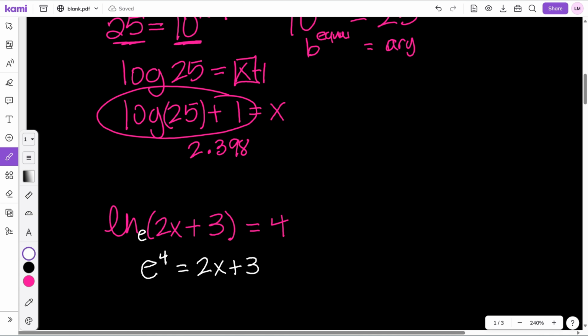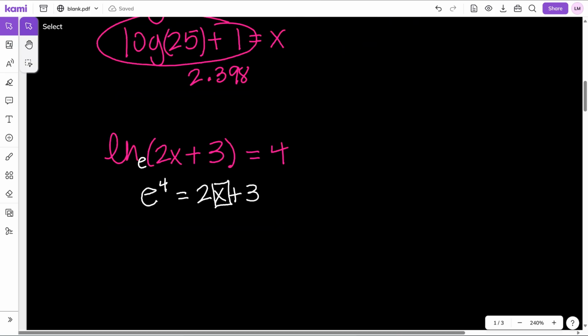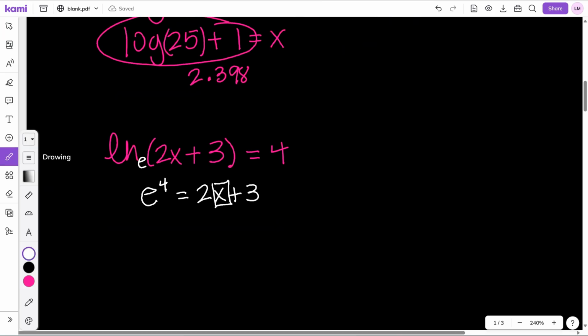Now I can throw this on my calculator for sure. We can solve for x. Remember, e is a number, and we have an e to the x where we can put a 4 in there. But let's get everything to one side before we put that on our calculator. I have 2 steps to get x by itself. I'm going to subtract 3 from both sides, and then I'm going to divide by 2.